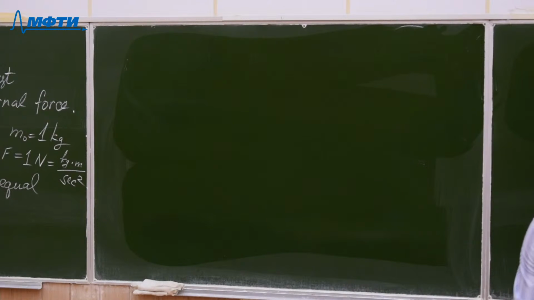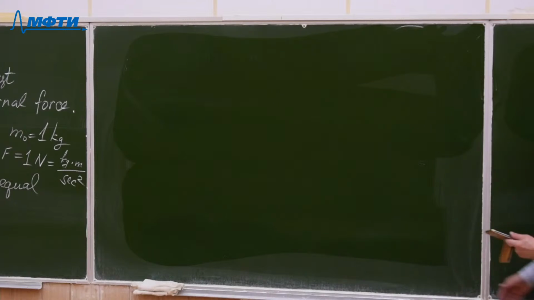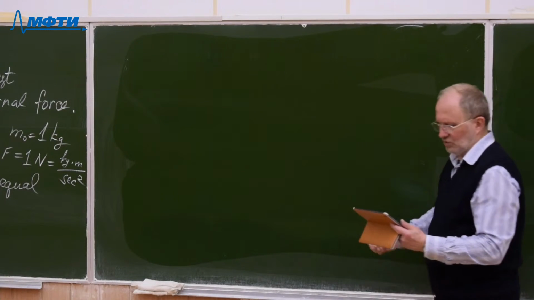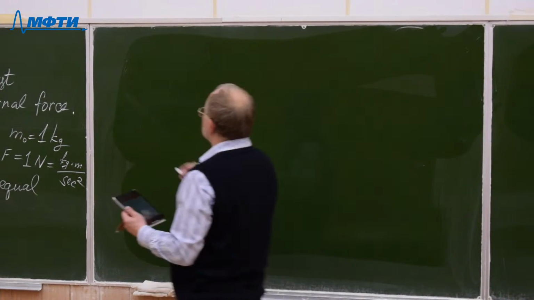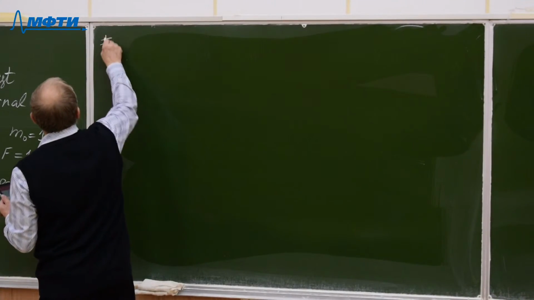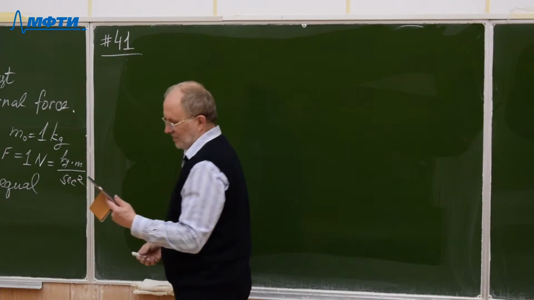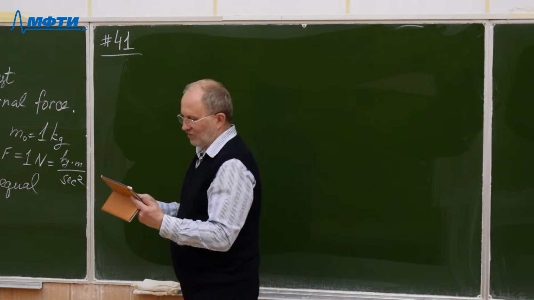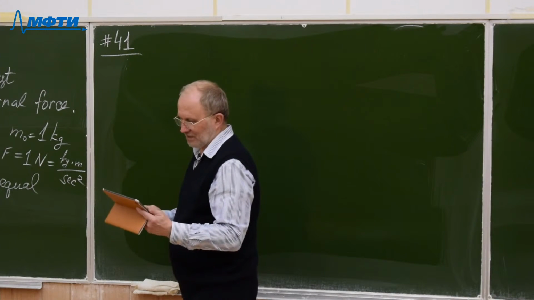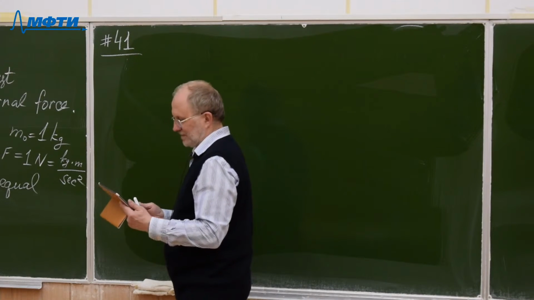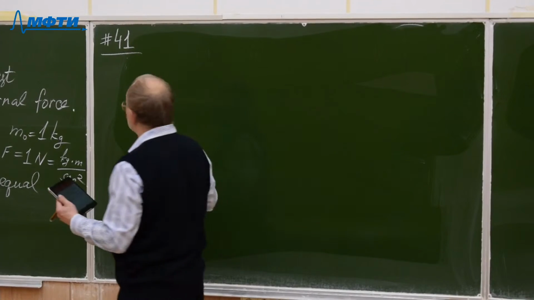So the first problem I wanted to consider is number 41 from the Bukovtsov collection of problems. It says, 6 forces lying in one plane and forming angles of 60 degrees relative to one another are applied to the center of a homogeneous sphere with a given mass.